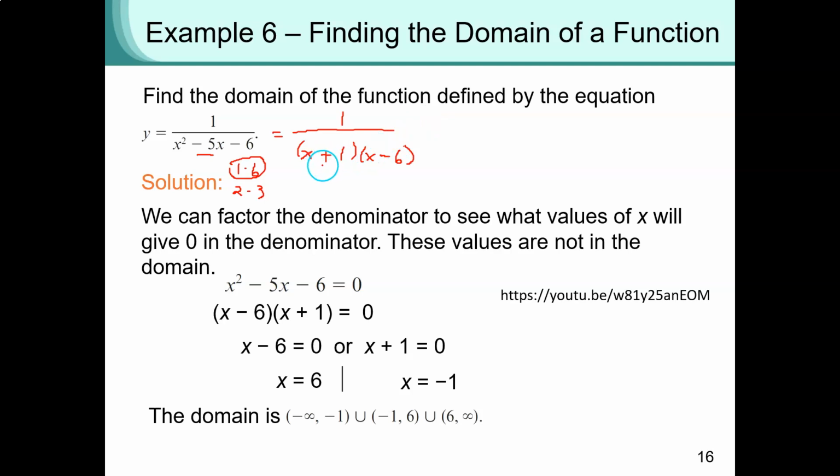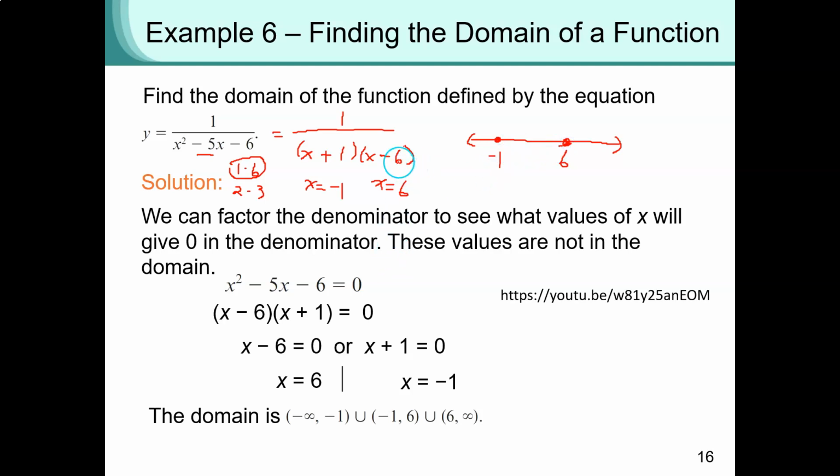So once I have the factor form ready, if I draw the number line, x plus 1 equals 0, that means x equals -1, right? x minus 6 equals 0, that means x equals 6. So I have the 6 here, and then I have the -1 here.